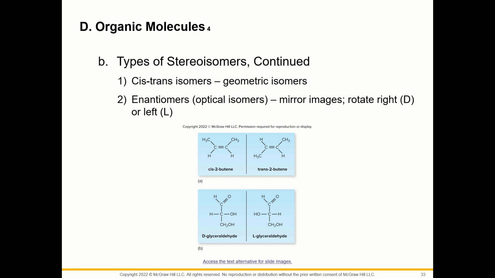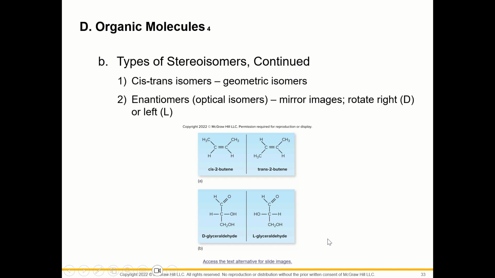And in B, we see that other stereoisomers are enantiomers, which are optical isomers, which are mirror images of each other. Using the molecule glyceraldehyde as a reference, these can be designated as either D or L isomers.